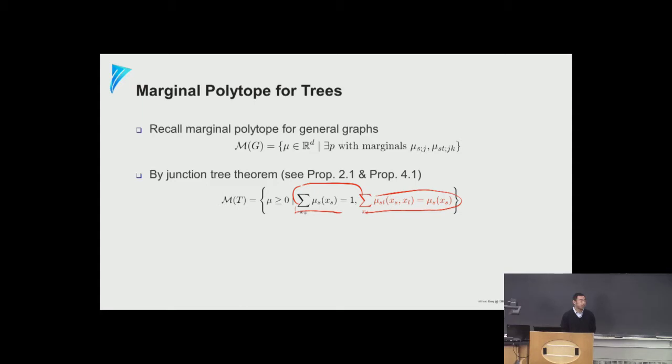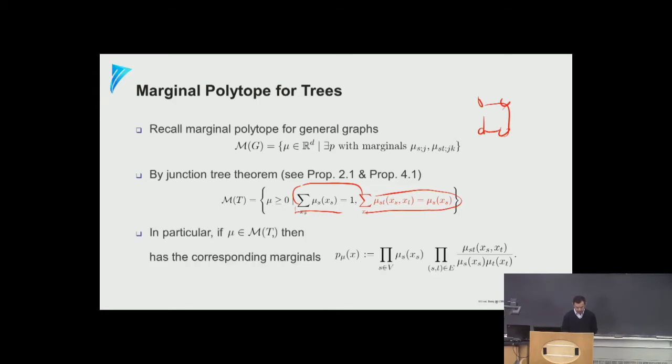When the model is a tree itself, then these constraints are all you need to guarantee global consistency. Remember? But when the graph is not a tree, like this, then local consistency does not necessarily lead to global consistency. And if you still want to use this, you are going to get an approximation.